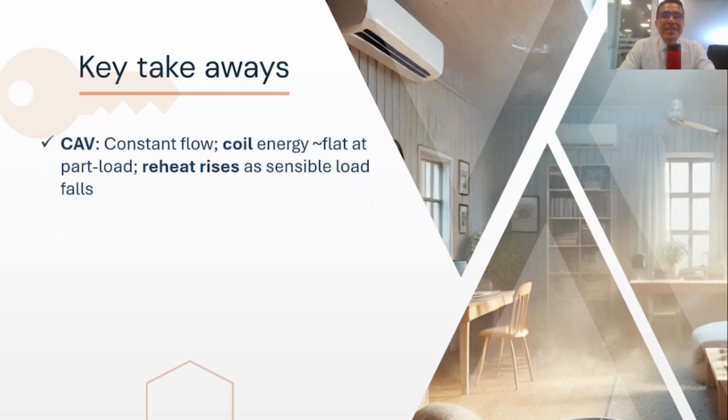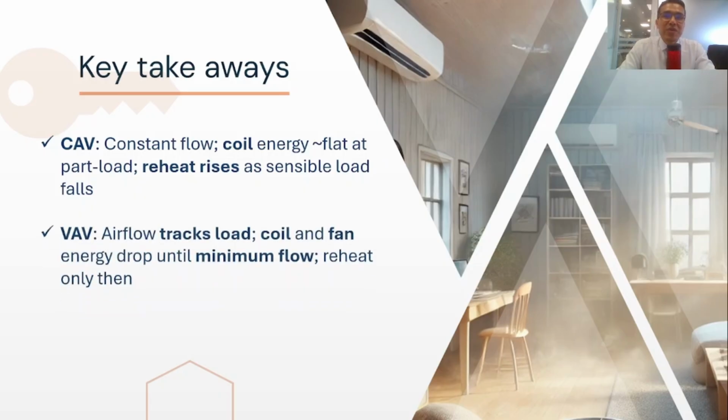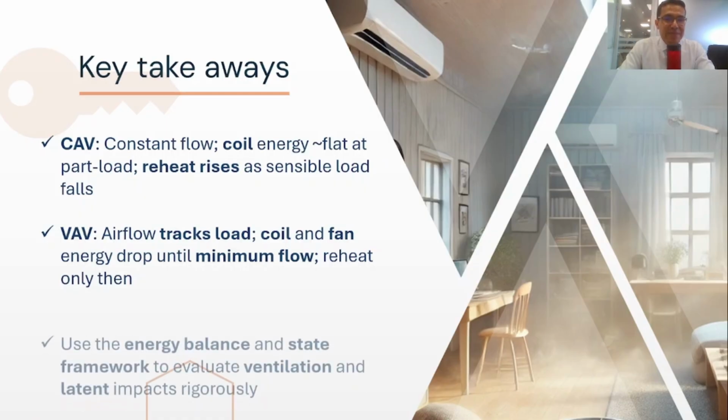CAV provides stable conditions but incurs a reheat penalty at part load because airflow and coil set point are fixed. VAV reduces airflow with load, cutting coil and fan energy and avoiding reheat until hitting the minimum flow constraint. This is why VAV dominates in variable load commercial buildings.